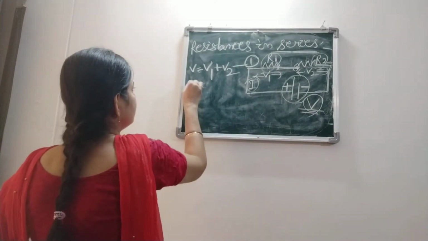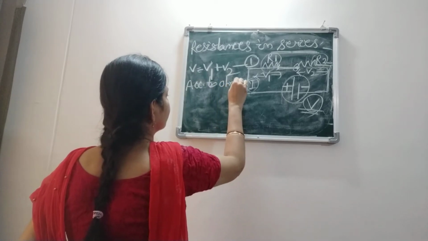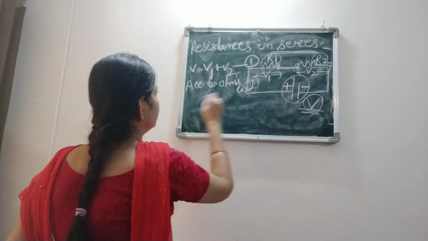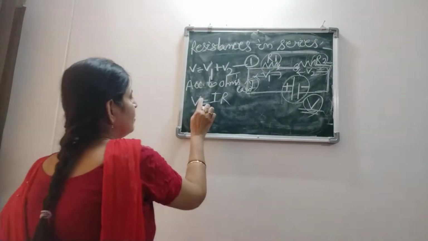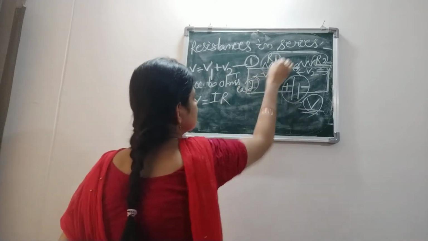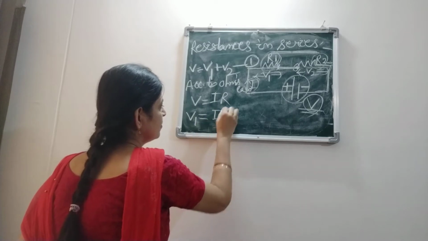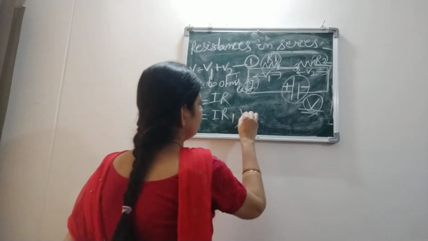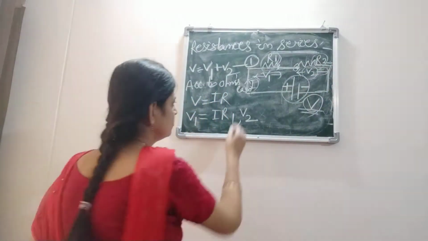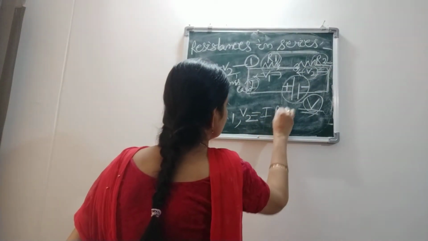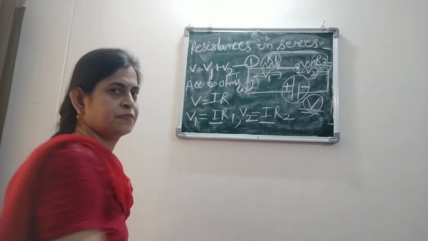Now, according to Ohm's law, V is equal to IR. Applying the same formula for resistance R1, we can write V1 equals I R1, the current remaining the same, and for resistance R2, V2 is equal to I R2. In both cases the current remains the same.